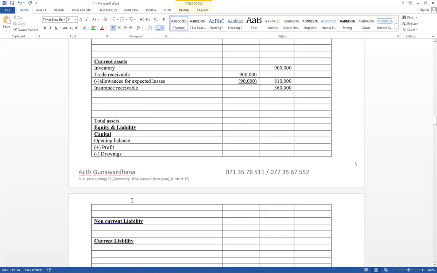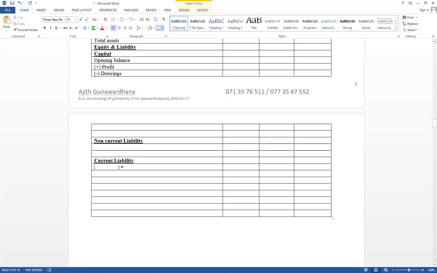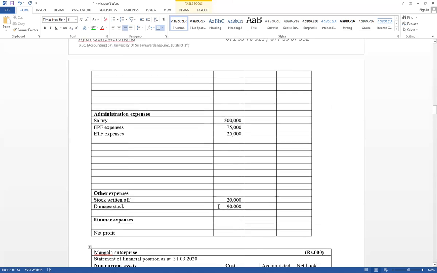And under current liability as EPF payable, total value 125,000, contribution of employee and employer, as well as ETF payable, value equal 25,000. The second column should be recorded. There are 5 marks available. Here 2 marks, as well as under administration expense there are 3 marks.